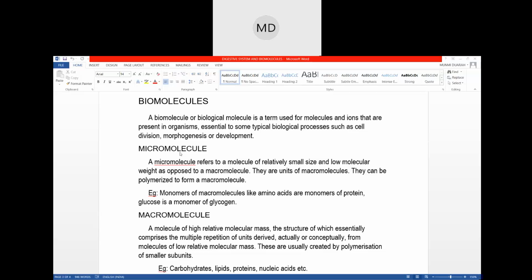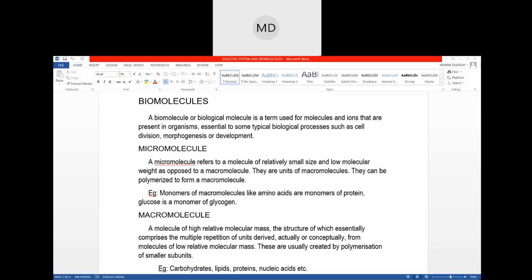So amino acid is a monomer of protein. Several amino acids together form a protein. Monomers are examples of micromolecules, so amino acid, which is a monomer of protein, is a micromolecule, and protein is a macromolecule.